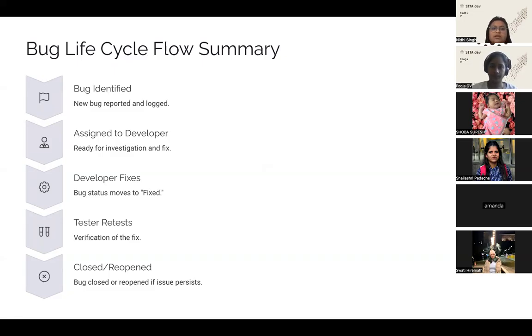Now the bug is fixed, and the tester will do retesting to check whether it is fixed or not. If the verification is done, then the tester marks the status of the bug as verified, and finally the bug will be closed.